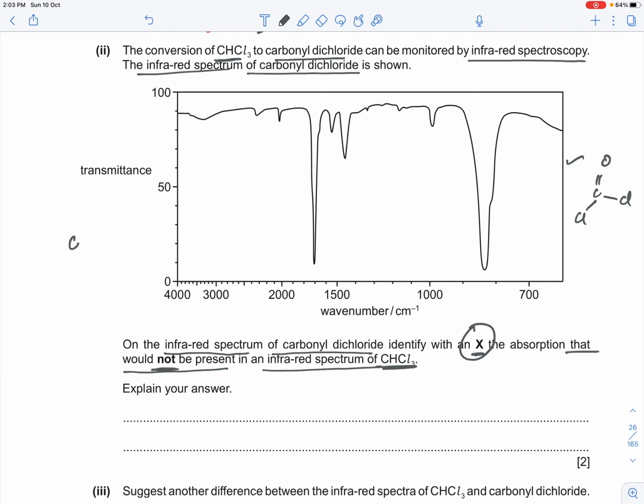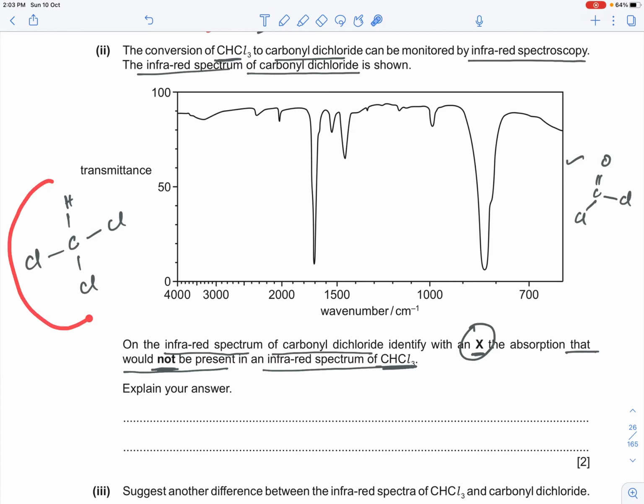So let's first draw CHCl3. If you notice, in both carbonyl dichloride and CHCl3, we have a carbon-chlorine bond here and a carbon-chlorine bond here. We have to tell the absorption that would not be present in the infrared spectrum of CHCl3.